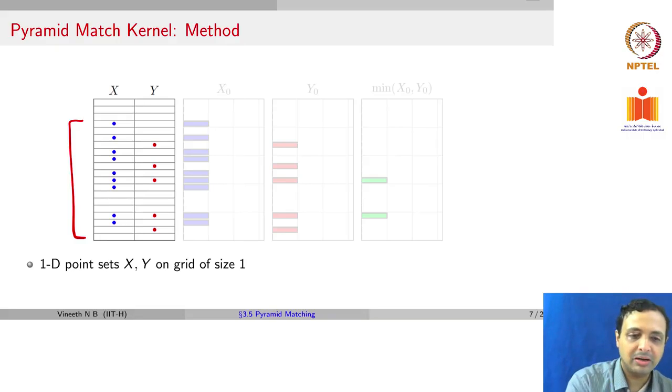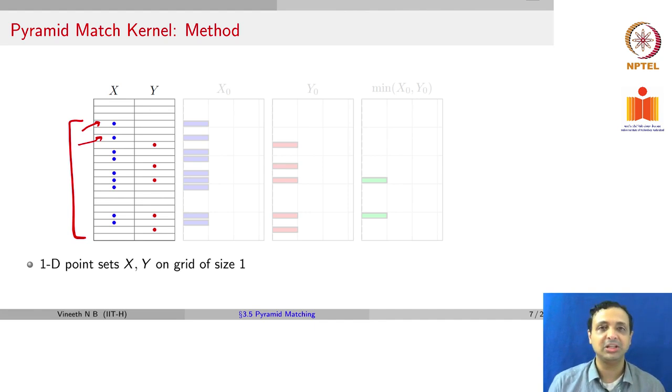So it's possible that this blue point was lying in this bin, this blue point was lying in this bin, and so on. You're just binning that entire R^D region into different bins, and you're placing each key point occurring in each image into one of those bins based on the descriptor values.